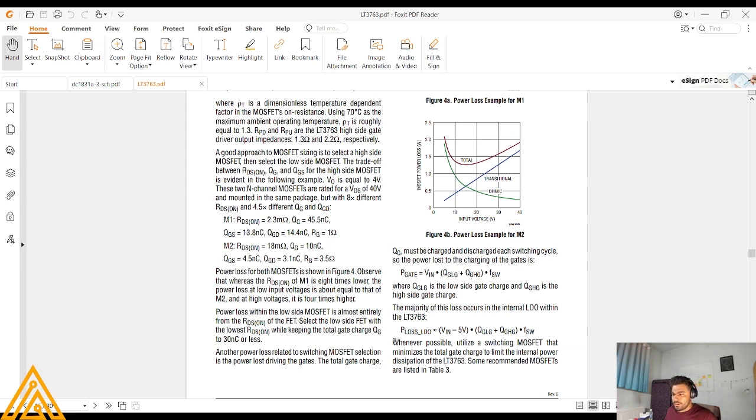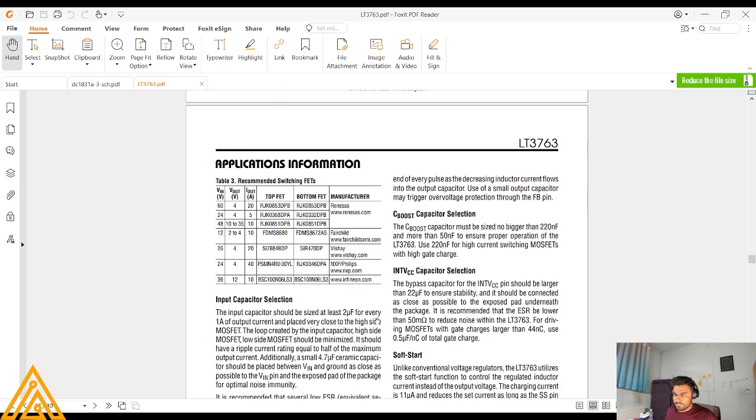Here is a really good point that you have to consider. Whenever possible, utilize the switching MOSFET that minimizes the total gate charge to limit the internal power dissipation of the L763. Some recommended MOSFETs are listed in Table 3. Here are some of the recommendations.